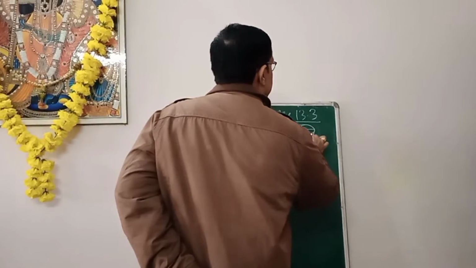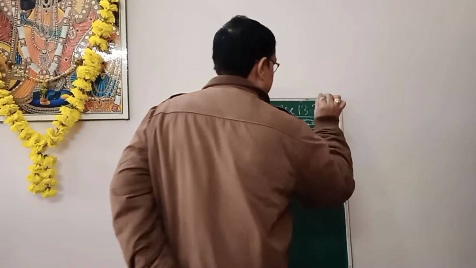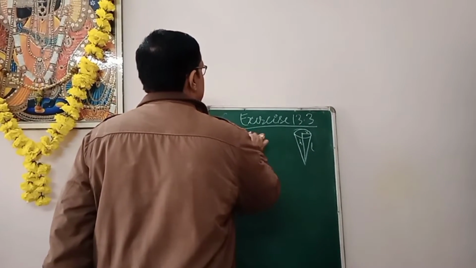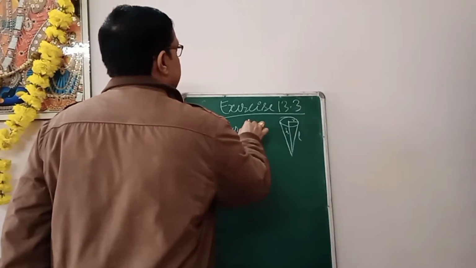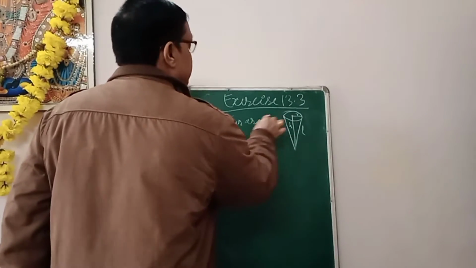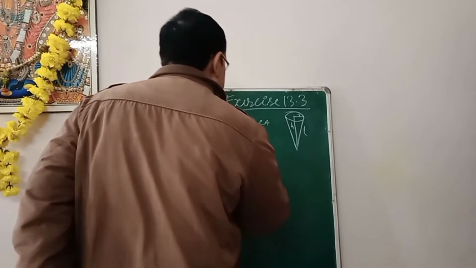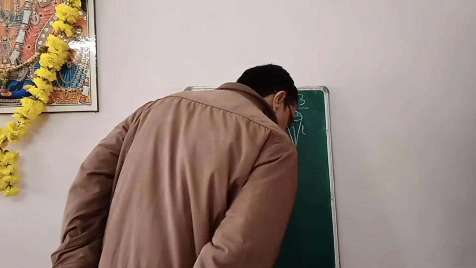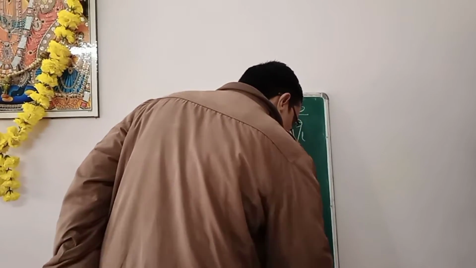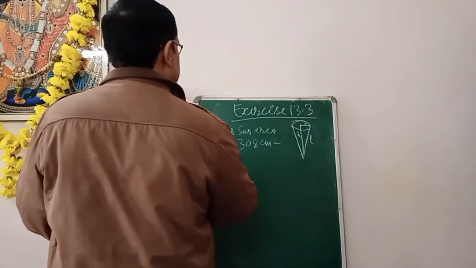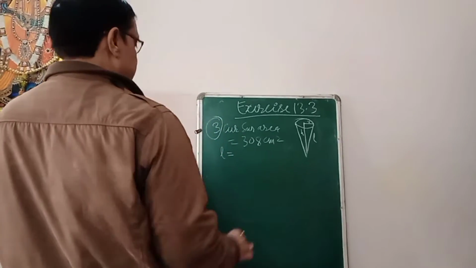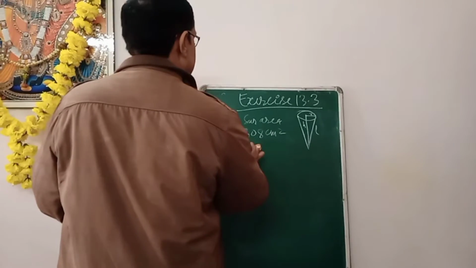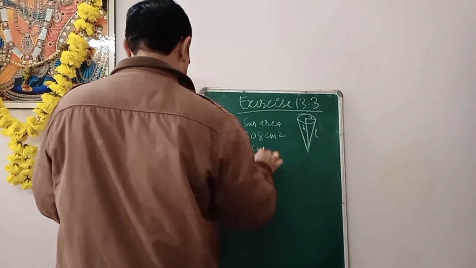This is H, this is R, this is L. Curved surface area of this is given as 308 centimeter square. Then the slant height L is also given. This L from this place to this place, L is given as 14 centimeter.